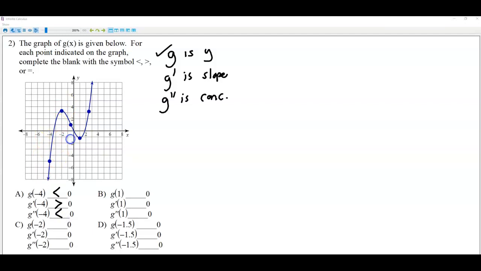Let's take a look at another one. Part B, let's do 1. So for g of 1, that would be here. At that point, the y value is negative, so that's less than 0. The slope would be 0, so that's equal to 0 for g prime. The concavity at that point would be concave up, so that would be a positive second derivative.